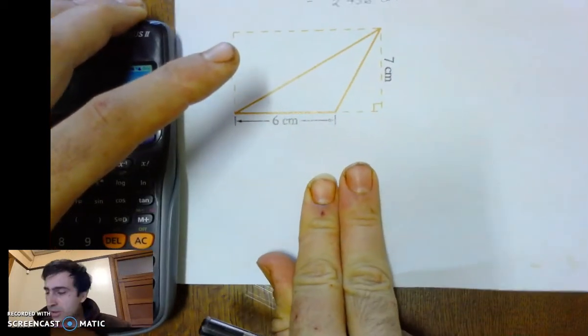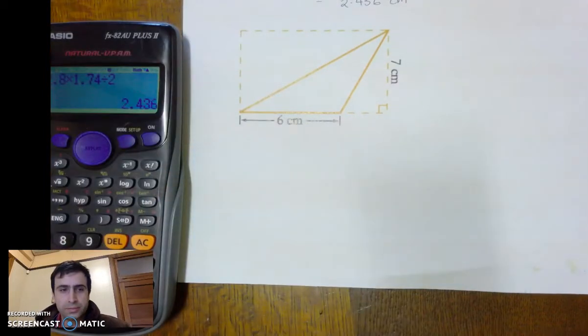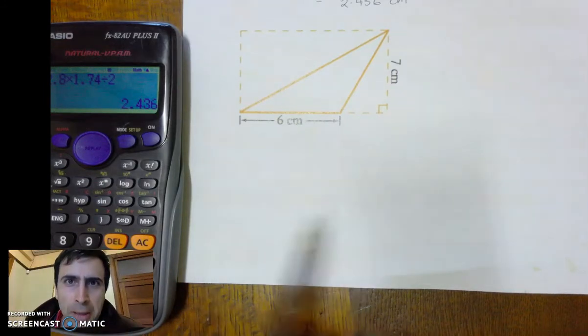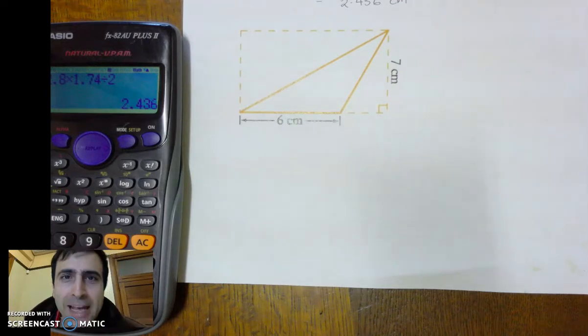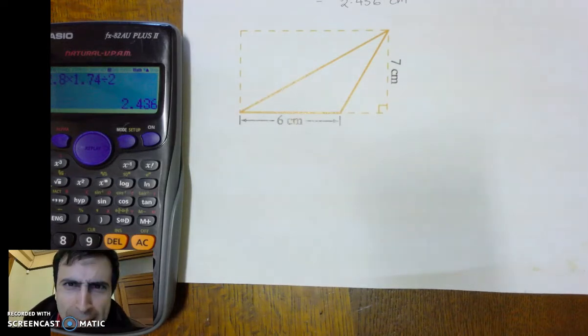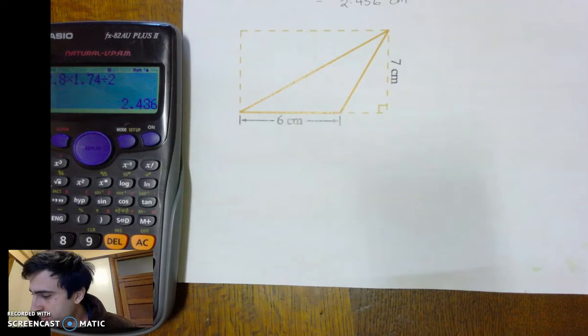This triangle doesn't look like the other triangle. And so the first thing we need to think about is which one's the base and which one's the height. It doesn't actually matter. All we need to look for is the right angle. Found it.